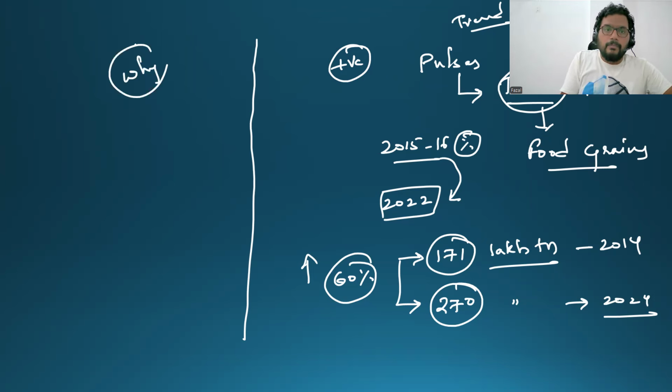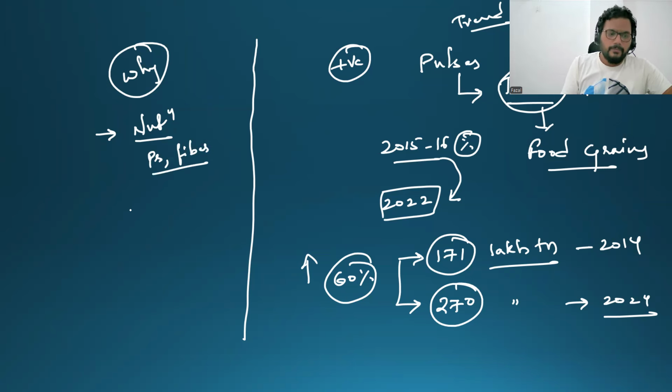Why are people backing this pulses? First one is nutrients. It is a powerhouse of nutrients. That means we can call it rich in protein. Fiber content is very good, and vital nutrients are also available. These plants act as leguminous plants, so you should remember that they will definitely enrich the soil content. And this will also reduce fertilizer reliance, because these are very genuine in enriching the soil.